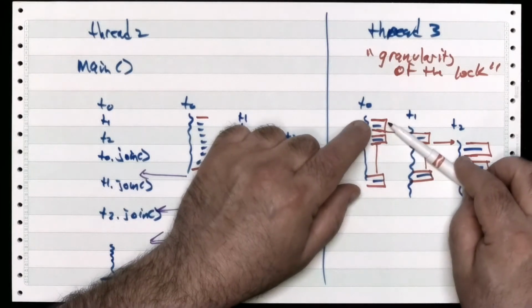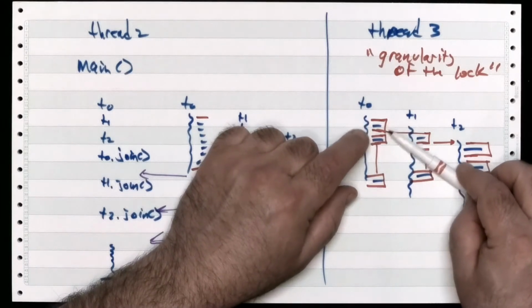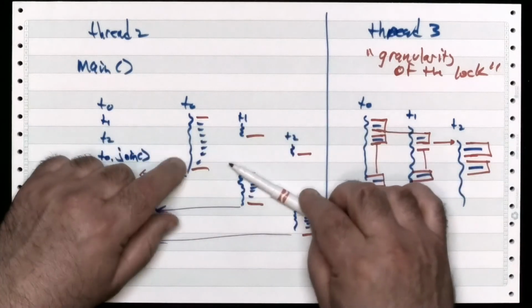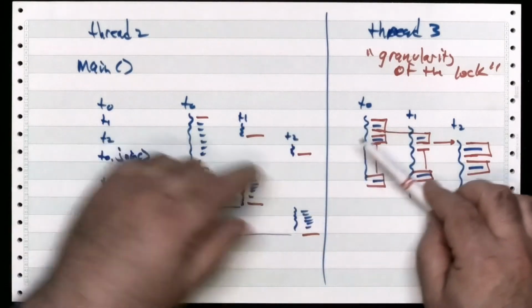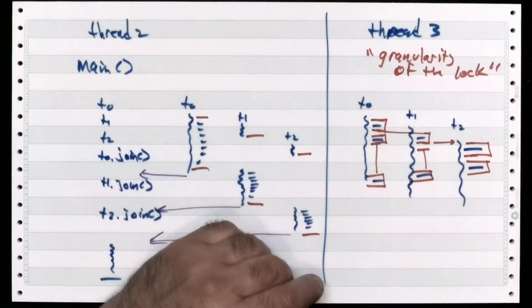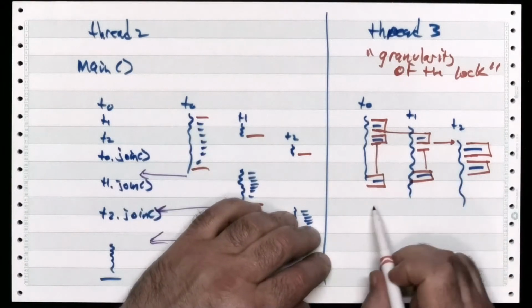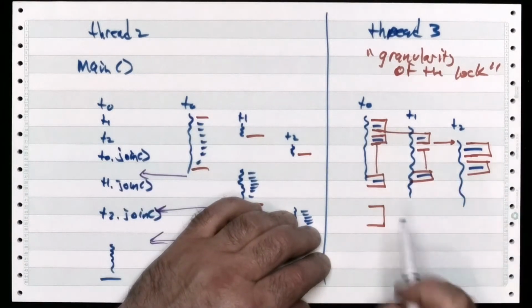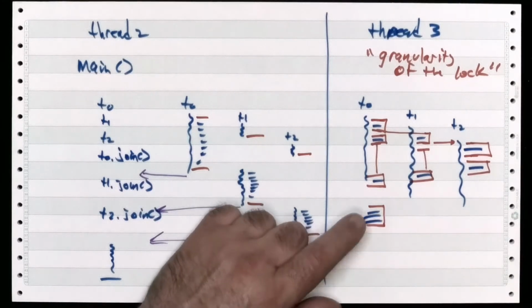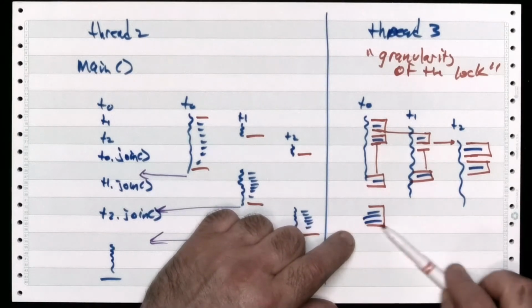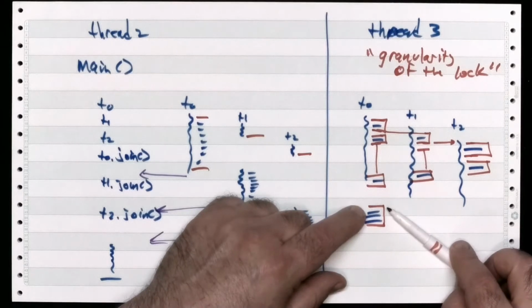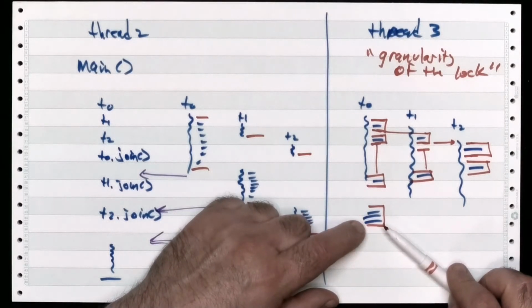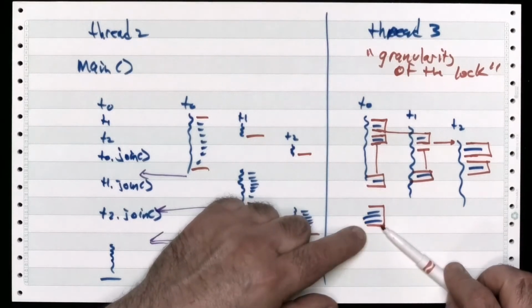Well, if it takes more time to fiddle with the locks than it does to just do the work, this might be okay. Or maybe, instead of doing one thing every time you lock it, maybe you do 2 or 3 in here. All right. So the idea is you want to have enough work once you get this lock to make it worth the overhead of managing these locks.